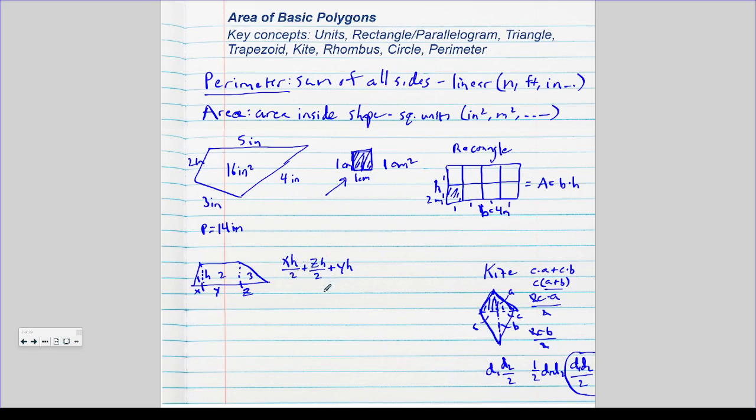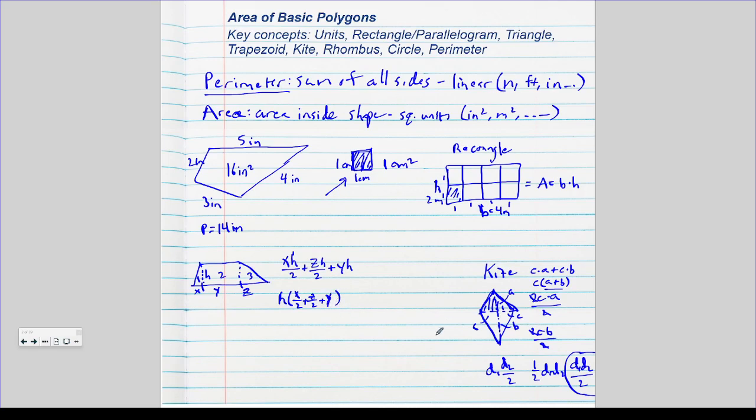Now what we can do, just like we did on the kite, is factor out the h from all 3 terms. So we can put h times, and then we'll have x over 2 plus z over 2 plus y.